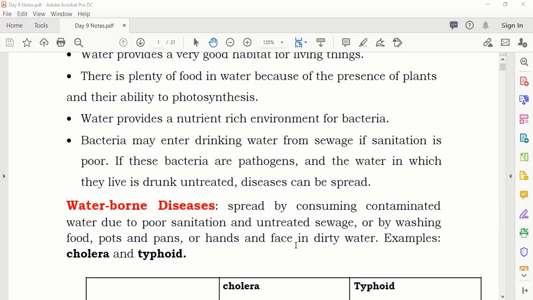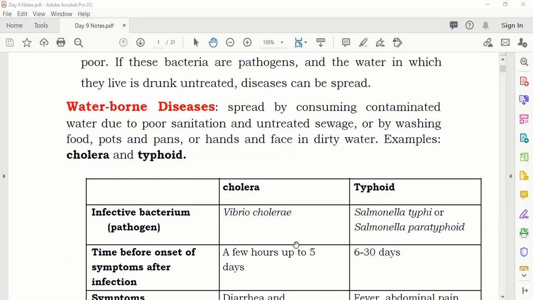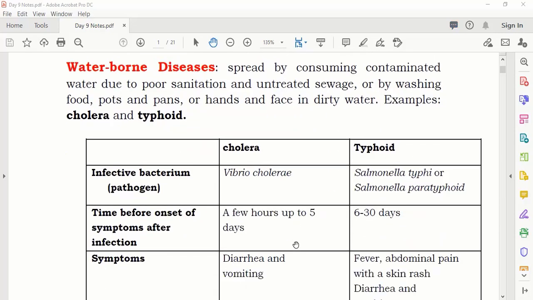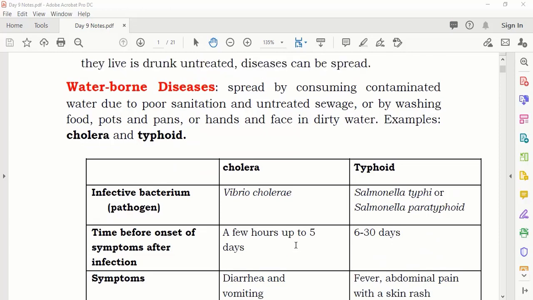Now we will discuss the waterborne diseases. The main ones are cholera and typhoid. Here they are giving a comparison of typhoid and cholera, and we will discuss them.